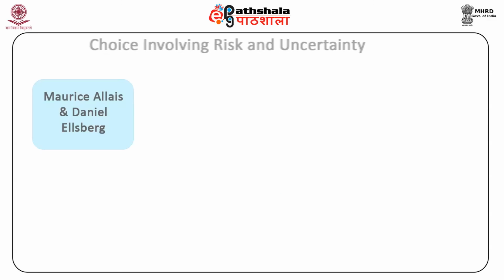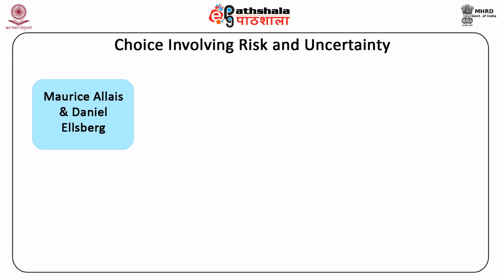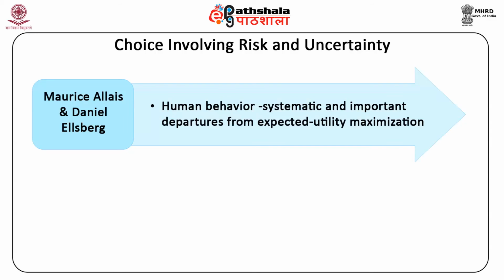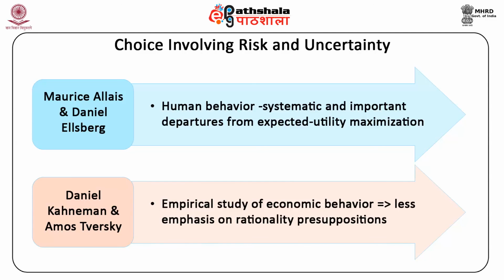The work of Maurice Allais and Daniel Ellsberg showed that human behavior has systematic and sometimes important departures from expected utility maximization. The prospect theory of Daniel Kahneman and Amos Tversky renewed the empirical study of economic behavior with less emphasis on rationality presuppositions.